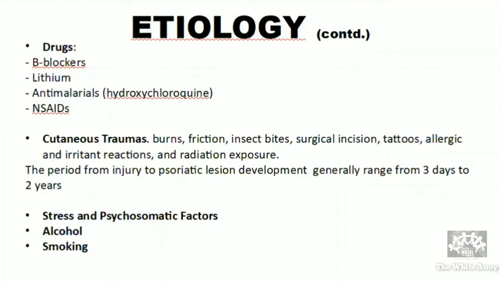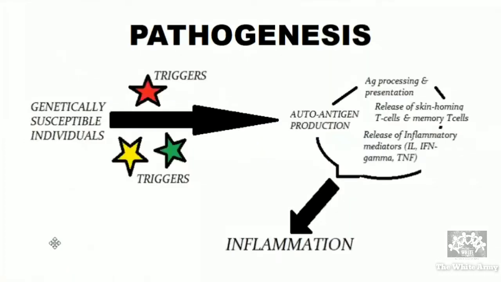Coming to the pathogenesis, as I said, when genetically susceptible individuals are exposed to these triggering agents, autoantigen is produced. So these autoantigens are presented by the APCs, antigen presenting cells. They move into the lymph nodes. They produce certain T cells along with memory T cells.